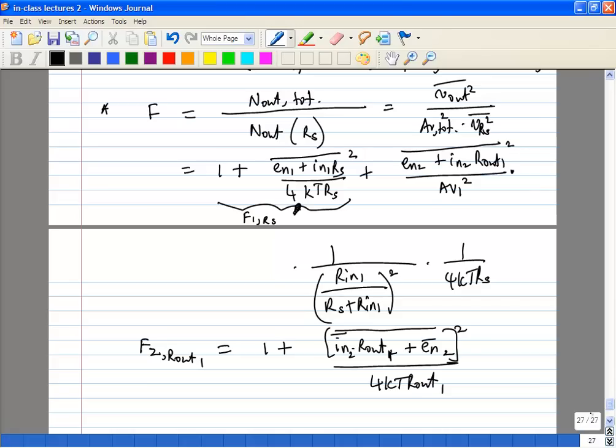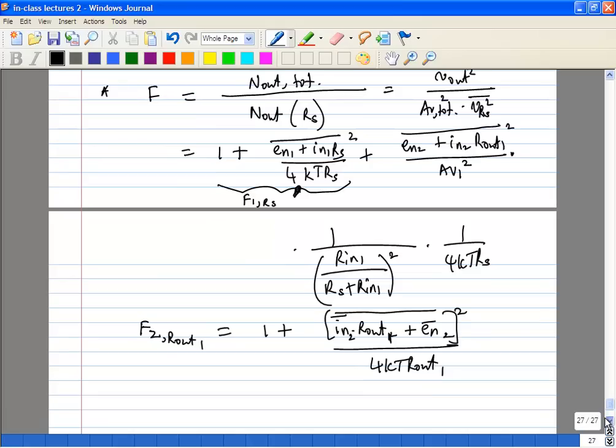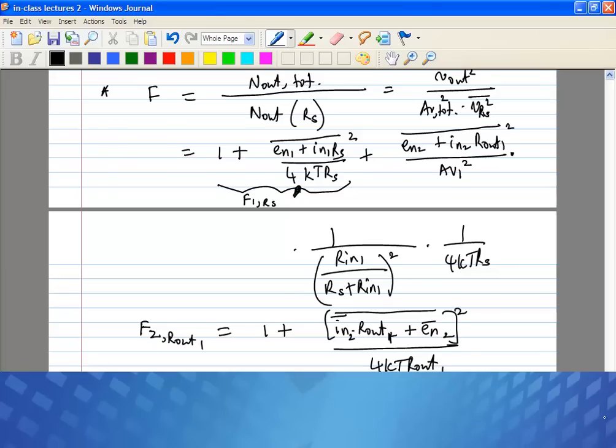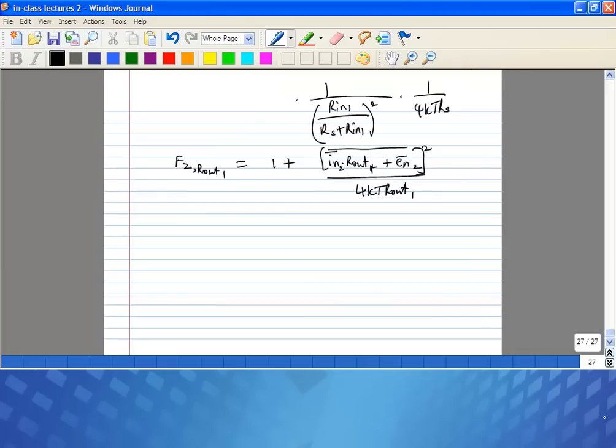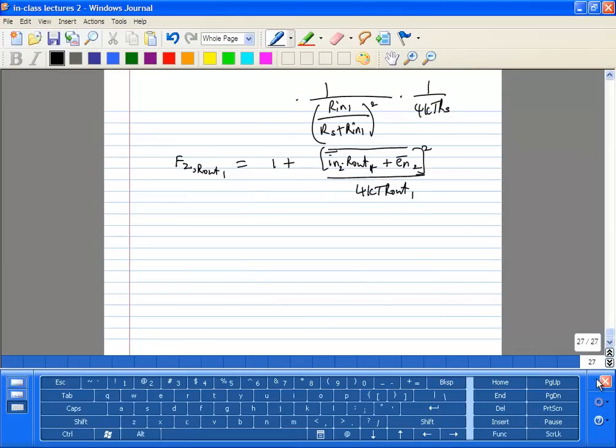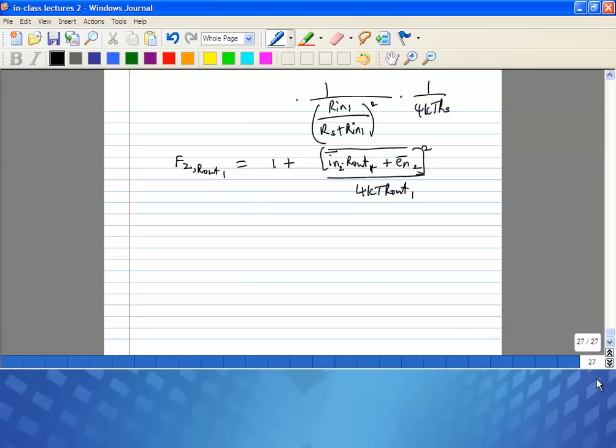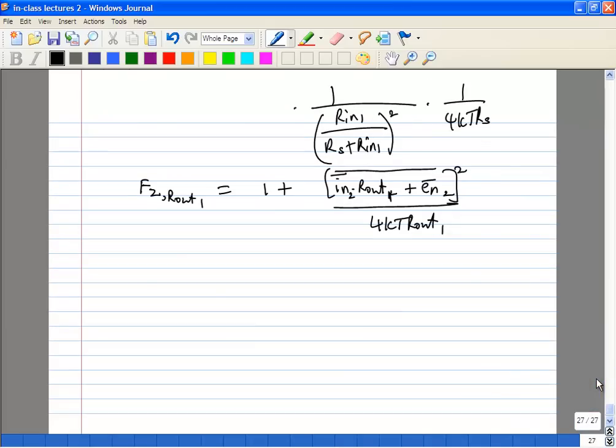You can see that it has the numerator and a bunch of common terms. So the second term we'll rewrite slightly differently, like this.